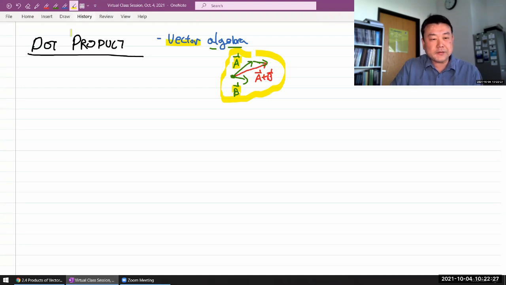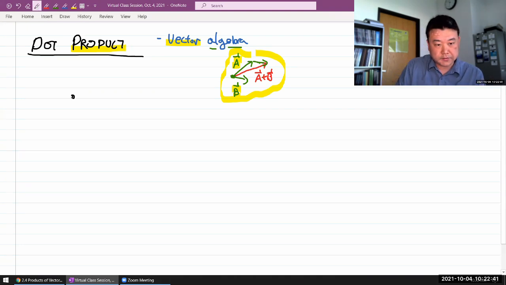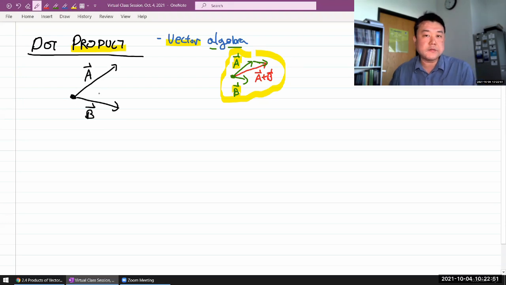The dot product is a way to multiply two vectors. In the simplest description, you imagine there being two vectors, let's say vector A and B, and there might be some situation where you need to multiply these two vectors.